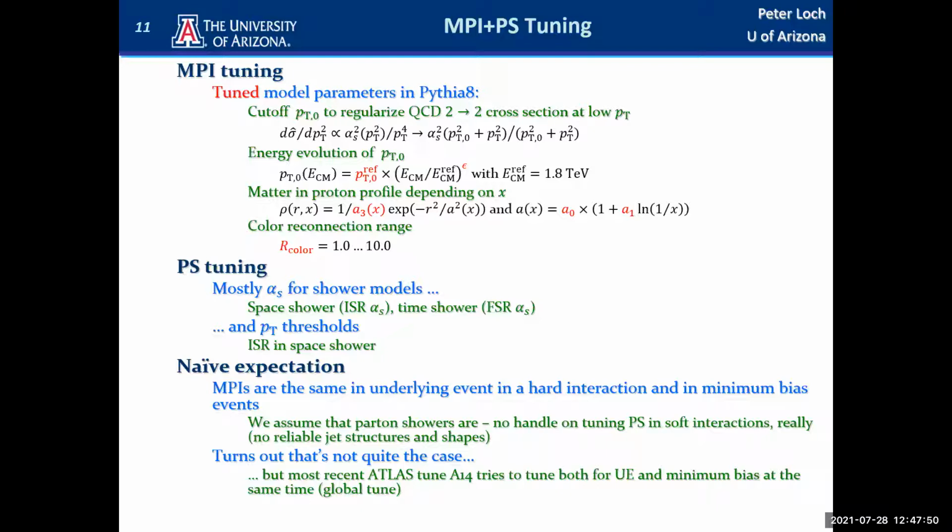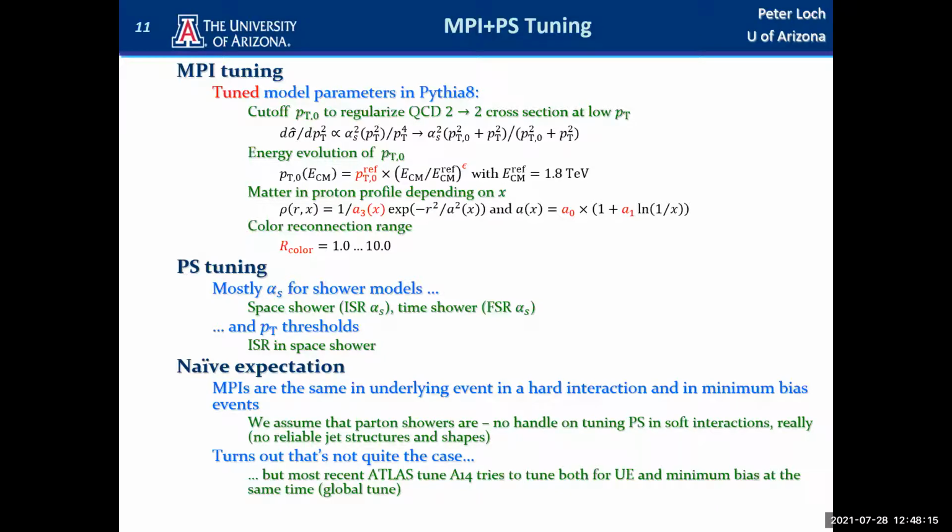In addition, because MPI are other partons and not the one that actually goes into the hard scattering, you need a matter profile, you need a distribution of partons inside the proton, and the formula that is used for that you can see here. It used to be a double Gaussian. This has been replaced by this formula for Pythia 8.